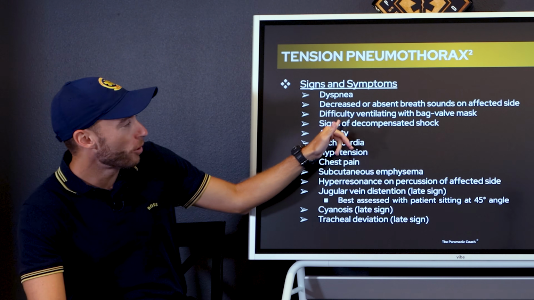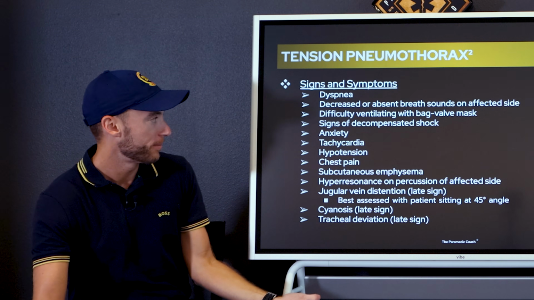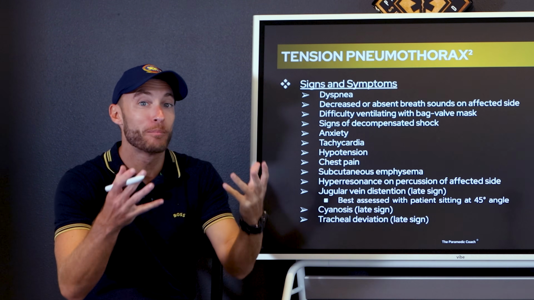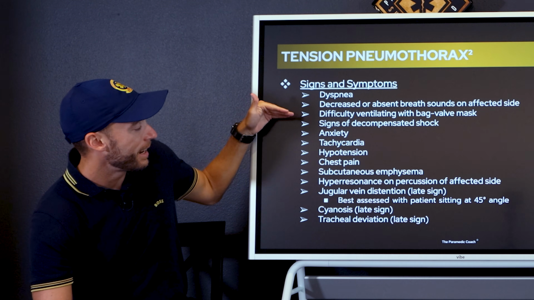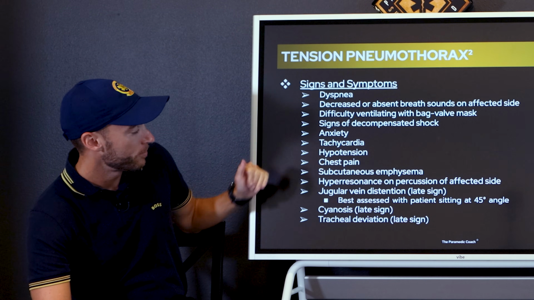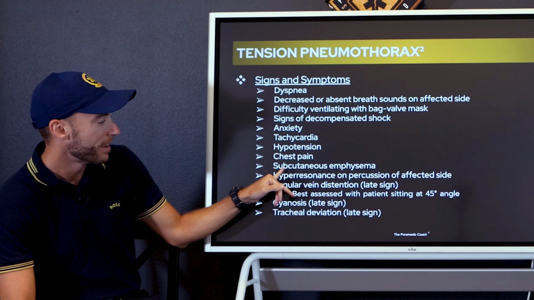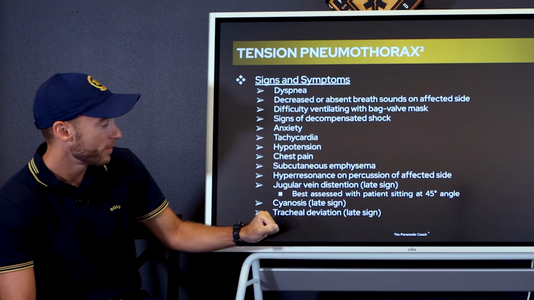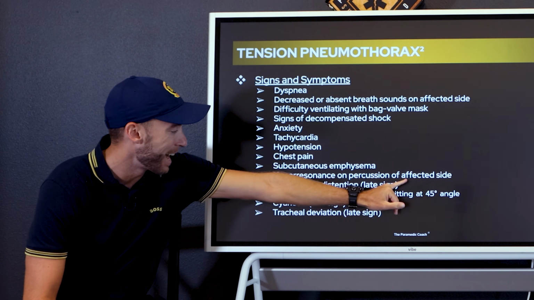So difficulty ventilating with a BVM is generally a sign of a pneumothorax, okay? Again, signs of shock, decompensated, because the vital signs are starting to change: anxiety, high heart rate, hypotension, chest pain. I put a few other ones on here as well that are some advanced things. Subcutaneous emphysema, that's interesting to see, and hyperresonance on percussion of the affected side.